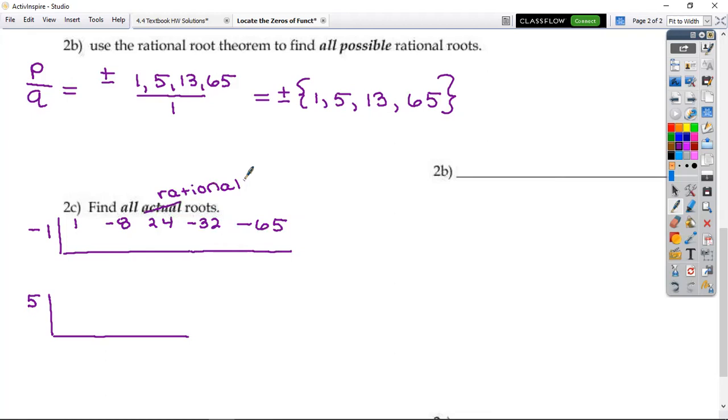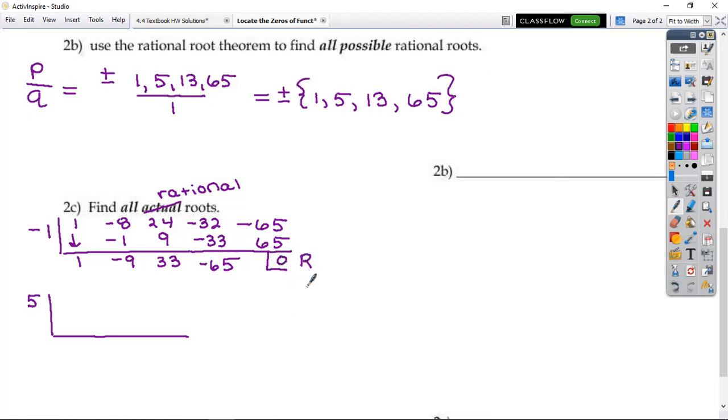All right, so straight down, I'm going to go 1, and then multiply, and then add, and then multiply, and then add, and then multiply again, and then add straight down, and then one more time, 65, and we get 0.